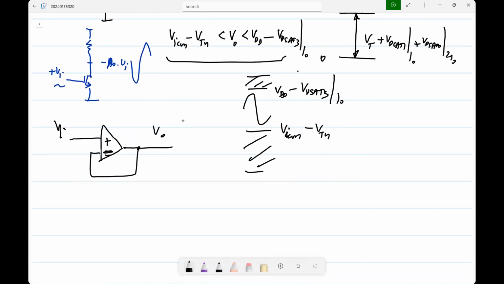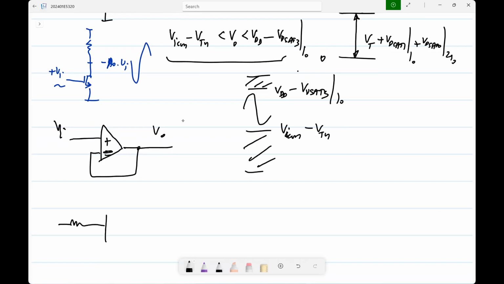Now in this case, it's slightly more complicated because you have two different swing limits. But what is the common mode voltage in this circuit? This is Vi, right? This is a unity follower. Assume V0 equals Vi. So the input itself is the common mode voltage.